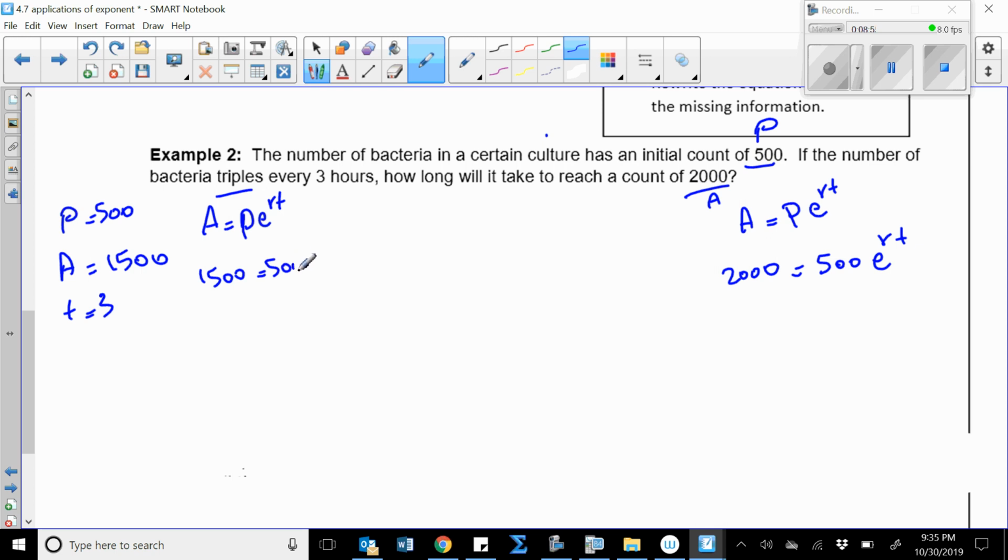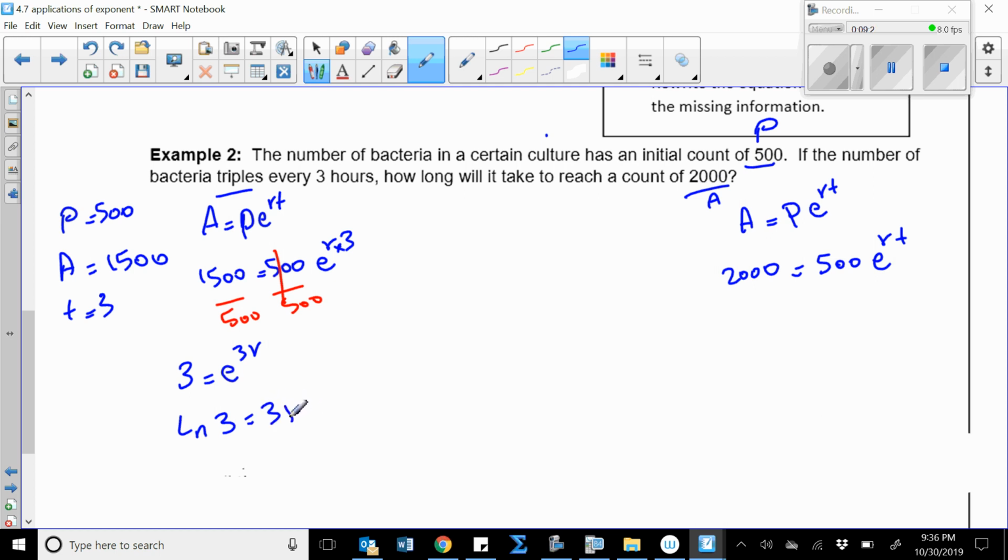1500 equal to 500 e to the r times 3. So I divide both sides by 500. 3 will be e to the power of 3r. Then I change this to log form.